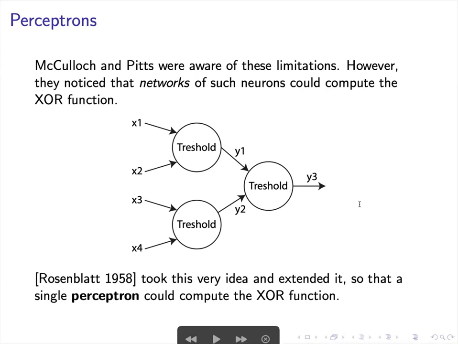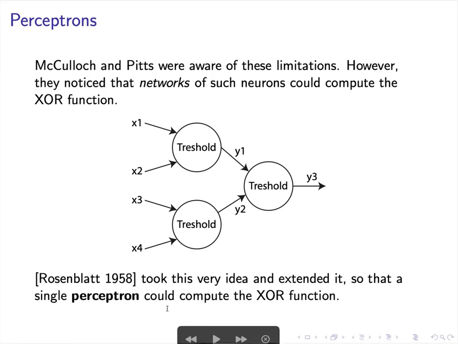So what modern neural networks do is precisely this. They update the thresholds when they are given new information that, for example, is already labeled, so they know the expected output. You can use this information to update all the thresholds.